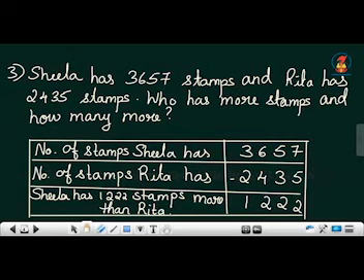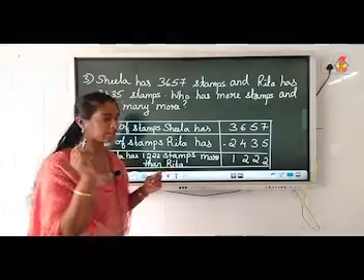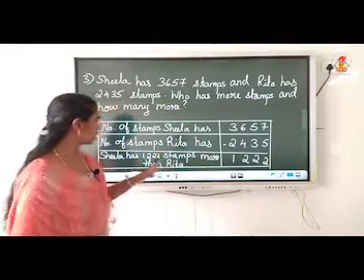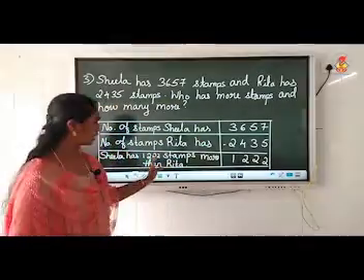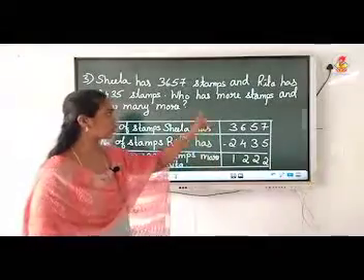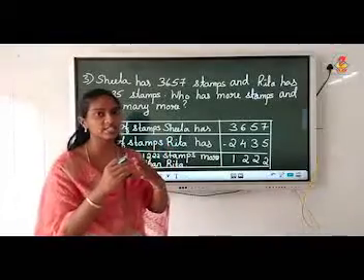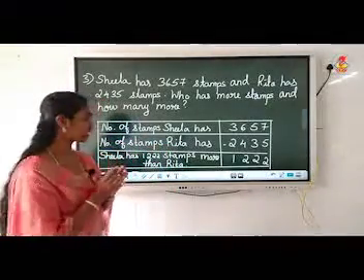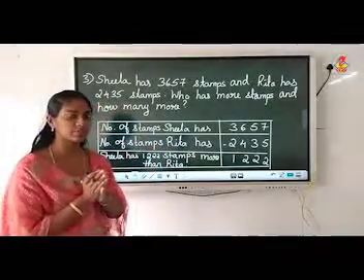I just rearranged the statement. So, for both the questions, you can write in one statement. Okay, you'll minus, you'll get the answer. So, Sheila has 1222 stamps more than Rita. So, for both the questions, I have given you one statement. Okay, children, understood? Shall we go to the next question?